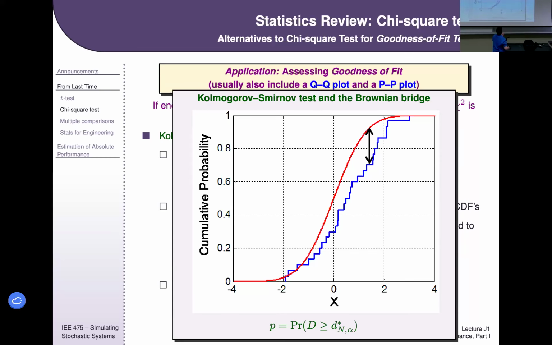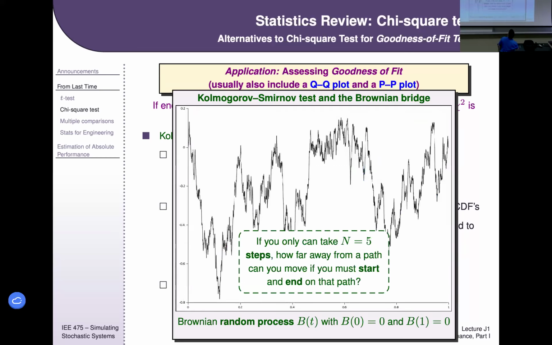So it's this idea that if I have a Brownian noise, which is this thing here, imagine that at every little sample point on the x-axis, you basically move up or down by a random amount. That will give you a trace that looks like this.